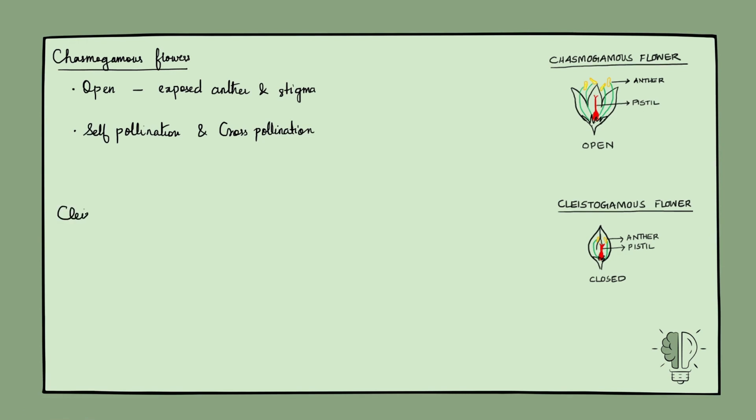Now let us learn about clistogamous flowers. Now as you can see here, the clistogamous flower is a closed flower, and these flowers do not open at all. The anther and the stigma lie close to each other, so only self-pollination takes place in clistogamous flower.